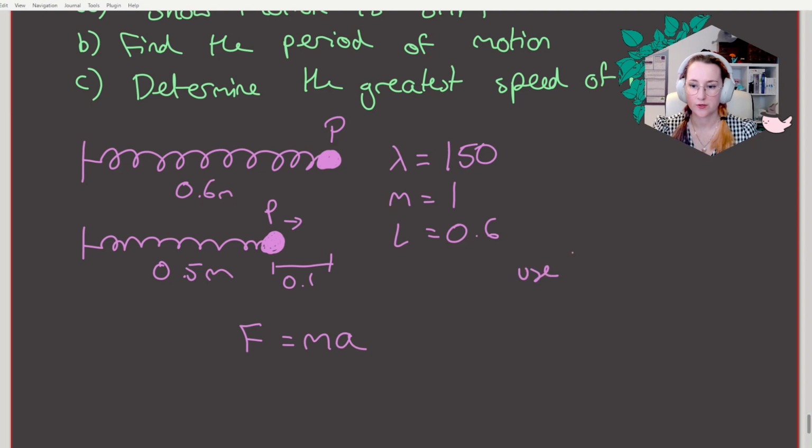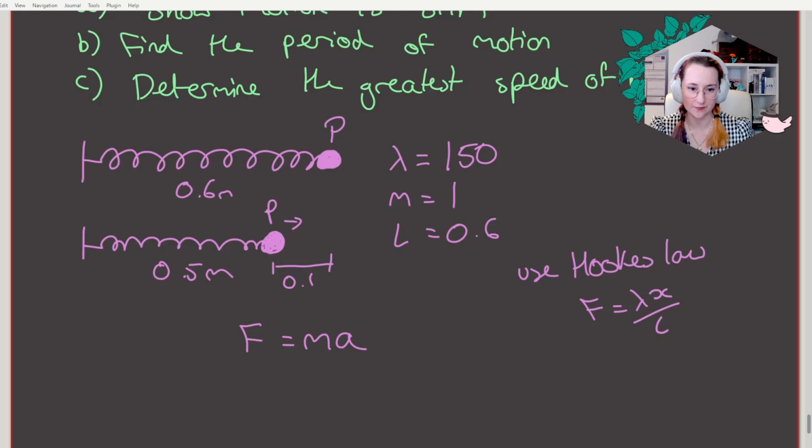So we can use Hooke's law, which is force in the spring is lambda x over L. So we have F as a function of x, because it's going to change over time. So we have lambda x over L, and we can have mass times acceleration, where acceleration is the second derivative of x with respect to t. So that's our x double dot.